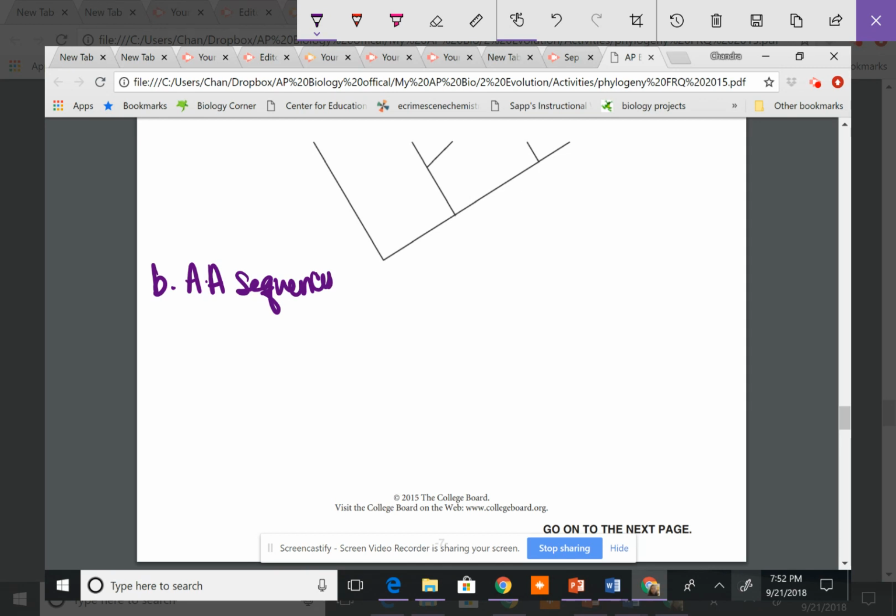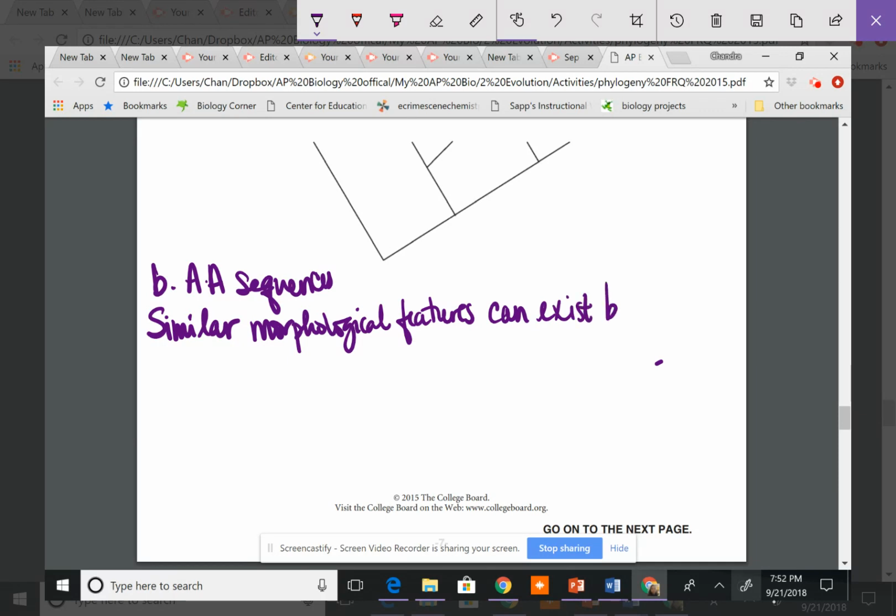Okay, so we could say that similar morphological features can exist between two unrelated species. Okay, and if you really wanted to tie it all together in a bow, you could give an example here.